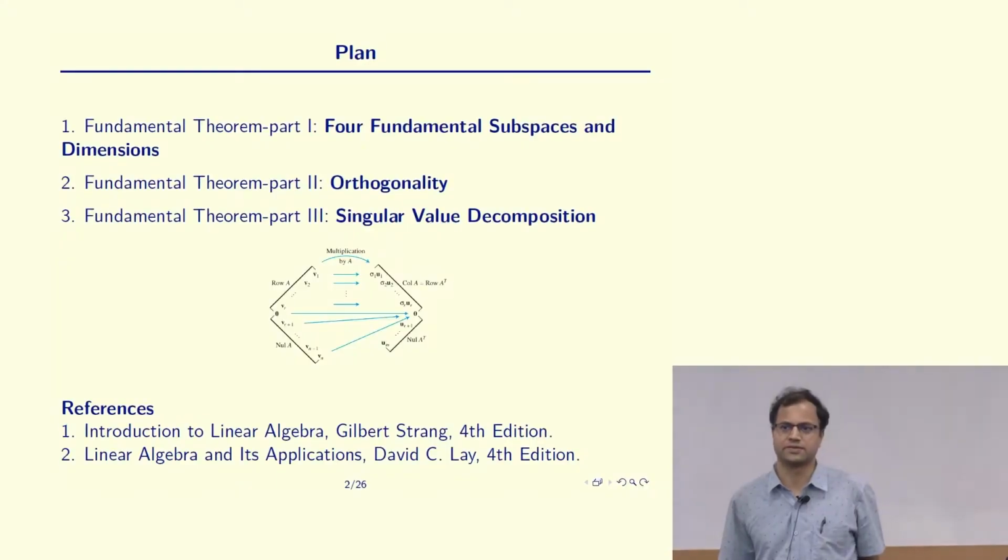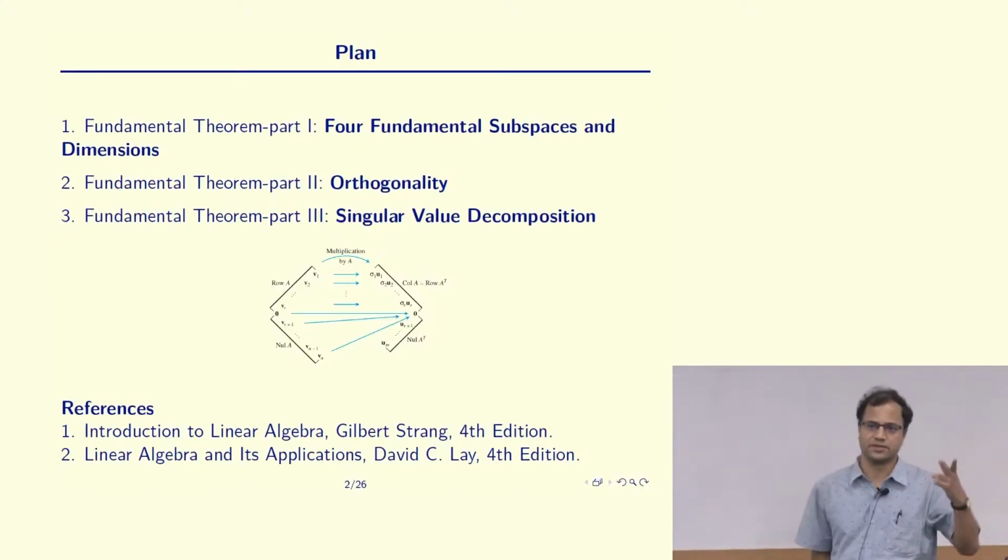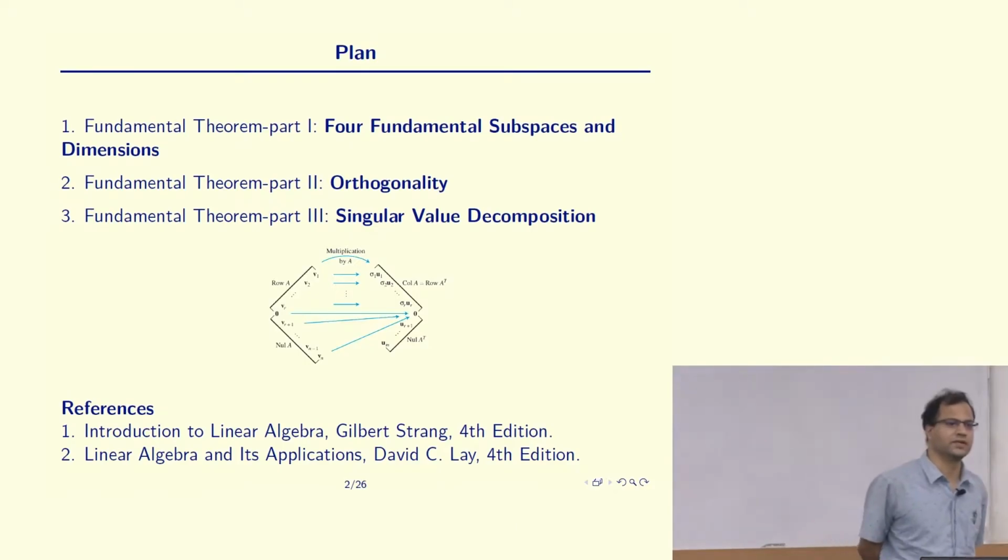So we'll continue from where we completed in the last two lectures. In the first lecture we had seen four fundamental subspaces corresponding to a given matrix, and their dimensions. So that was the goal of the first lecture.